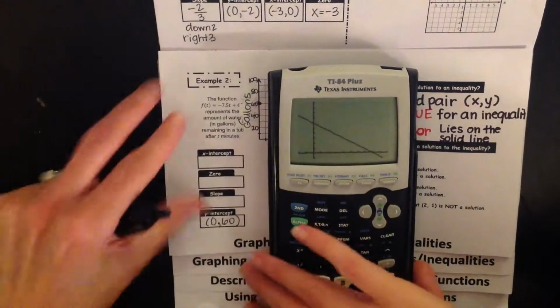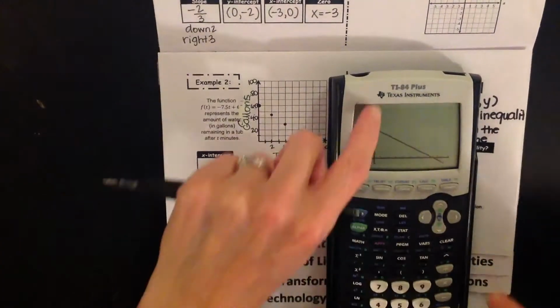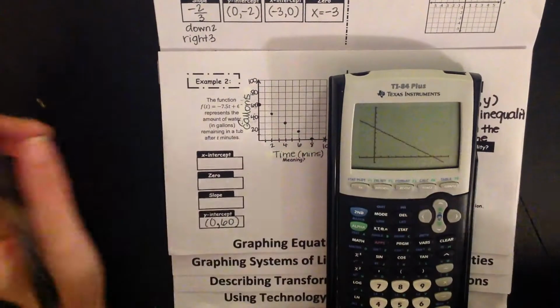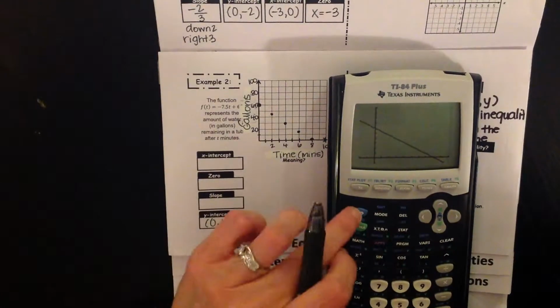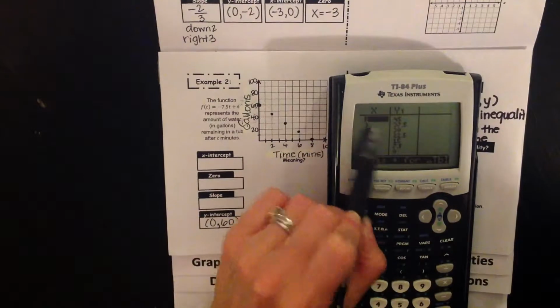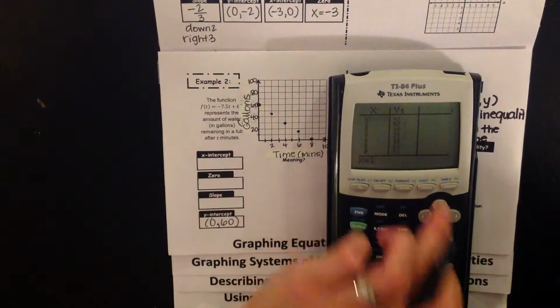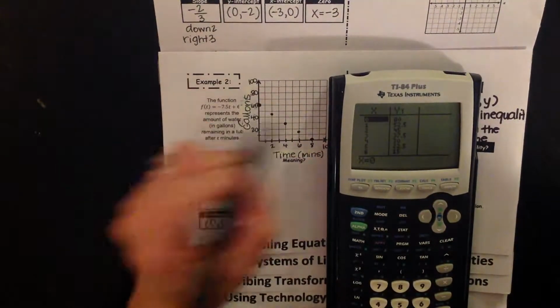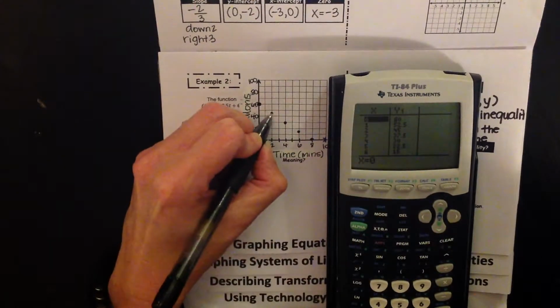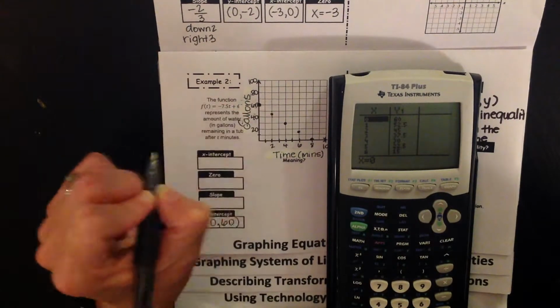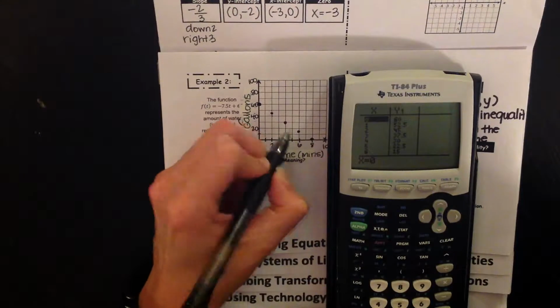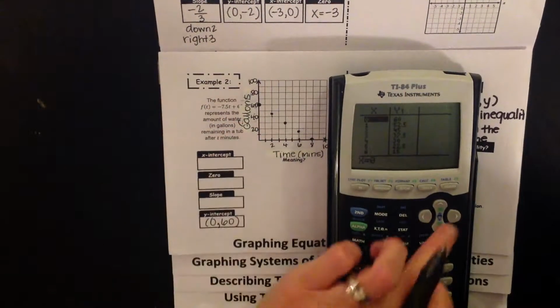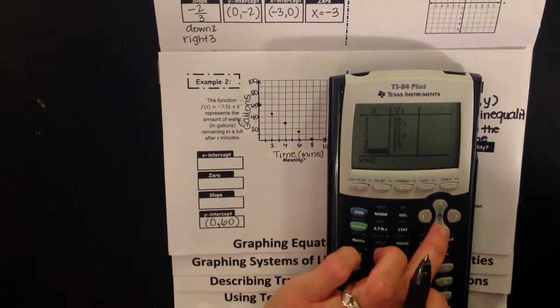But notice on your paper, they're only using that first quadrant, so they're only using this part of the graph, which I can see. Now I'm going to go to my table and pull off only whole number ordered pairs. My table will start at 0, 60, there's my y-intercept, 2, 45, so that's halfway between 40 and 50, then 4, 30, 6, 15, and if I go down to 8, that puts me at 0.